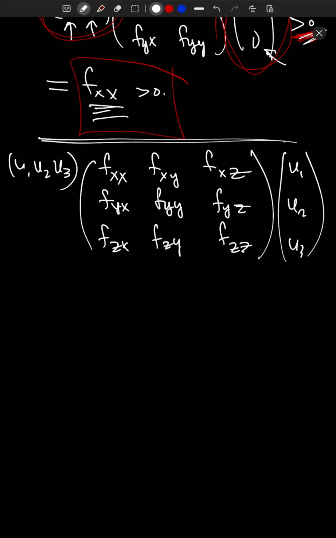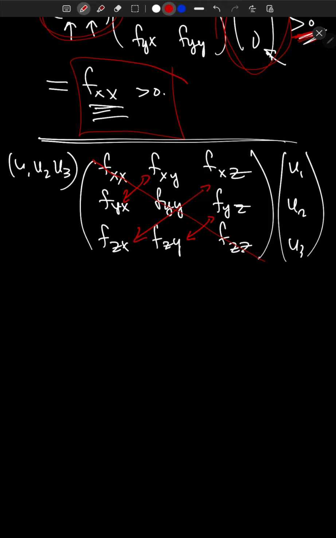And so this is really good motivation for linear algebra, why you care about linear algebra, even if perhaps you don't care about solving linear systems, which is a big chunk of linear algebra. By the way, this matrix does have a full set of eigenvalues because it is symmetric. fxy and fyx are the same, fxz is equal to fzx, and fzy is equal to fyz.